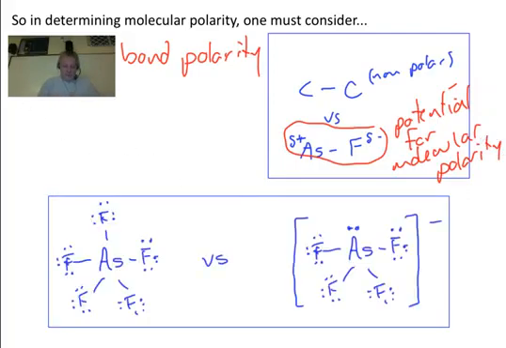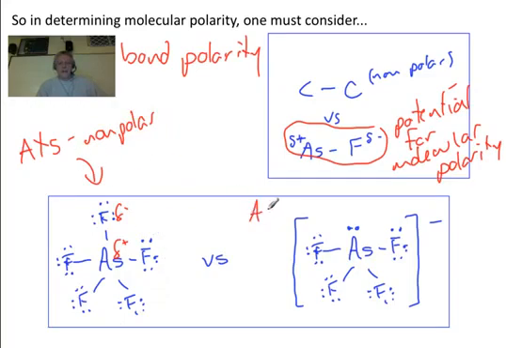And so once again, we have something like AsF5, which is an AX5 orientation. Even with polar bonds, these are all polar bonds, it's going to be nonpolar, and it's nonpolar because the orientation of those polar bonds, every one of those bond dipoles cancels itself out.